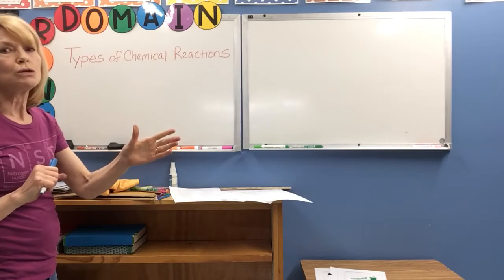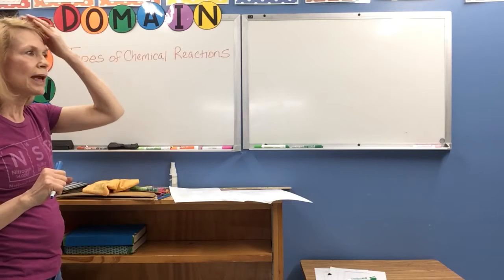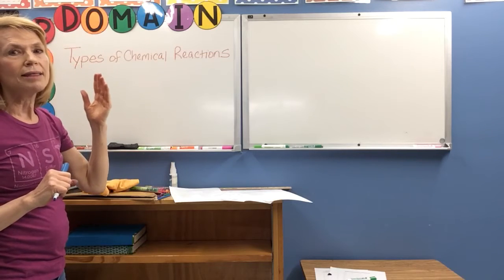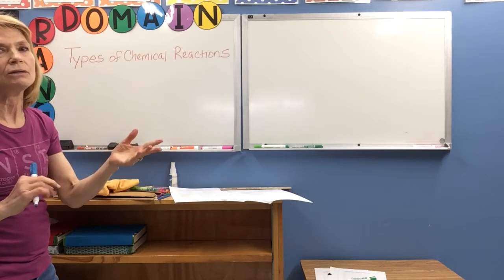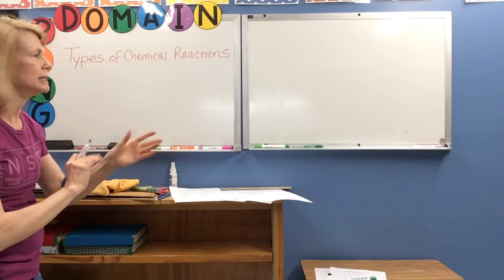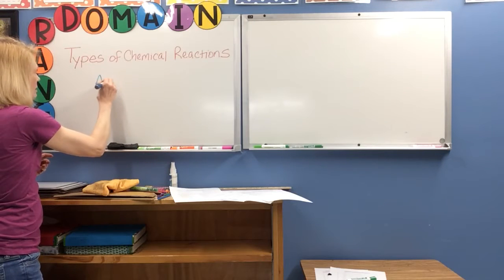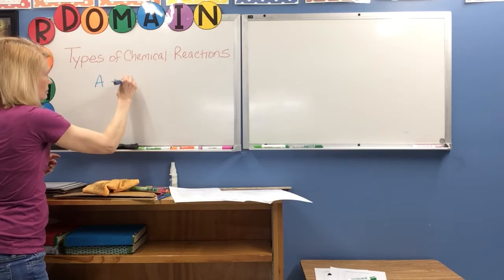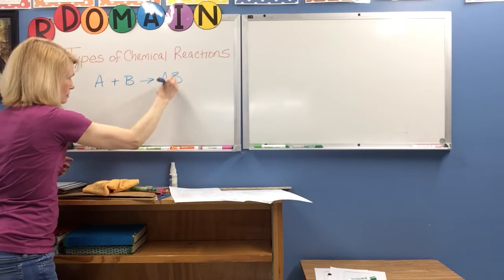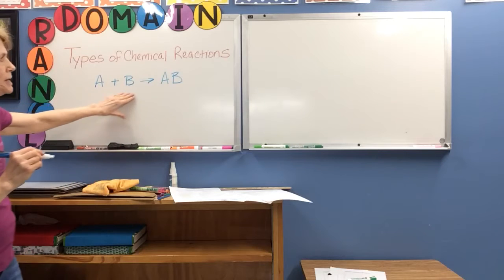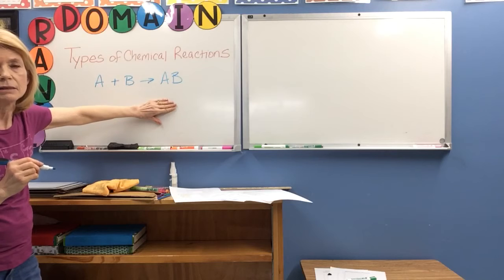Okay? So usually when somebody's telling you about the different types of chemical reactions, they write them in a formula, using letters that aren't elements, like this. A plus B yields AB. So we have our reactants and our product.